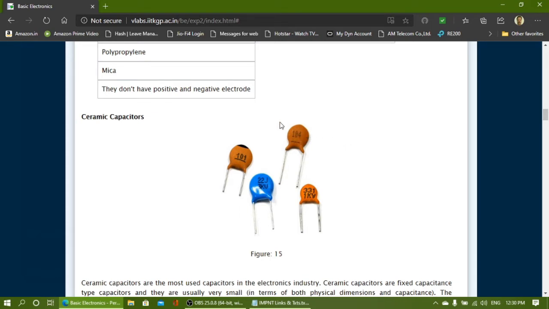You can take it as a value of 100 nanofarad, or if you like to scale this value to microfarad, then it will be 0.1 microfarad. 331 means the same, 33 and then 1 zero, and it will be in pF, that means 330 picofarad.